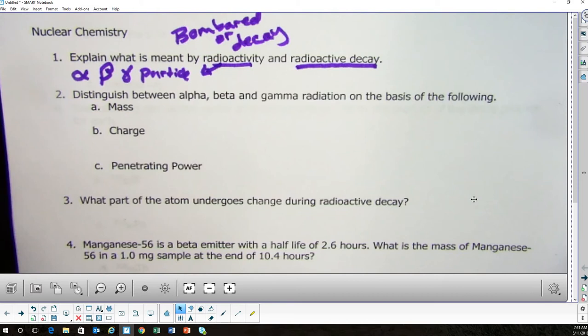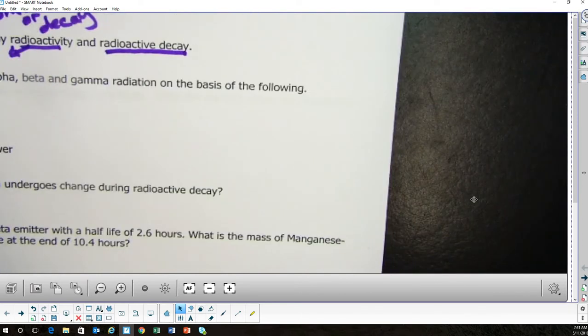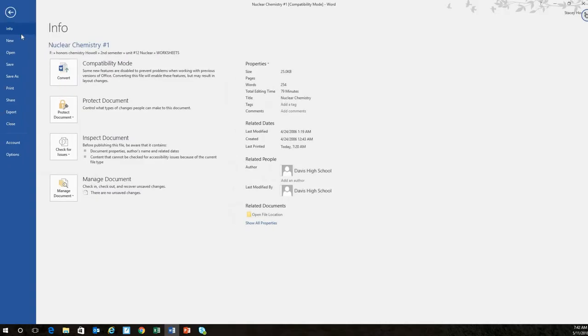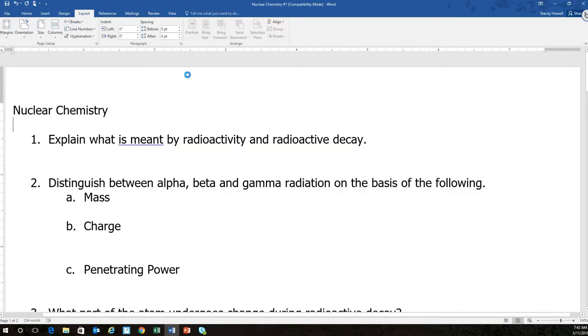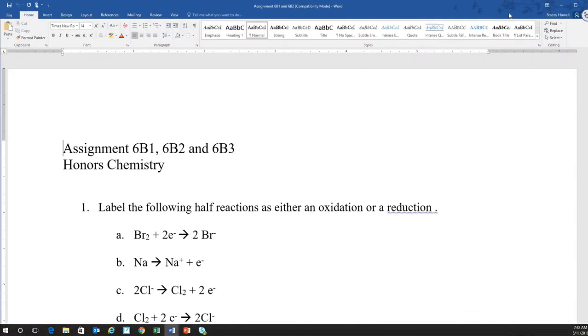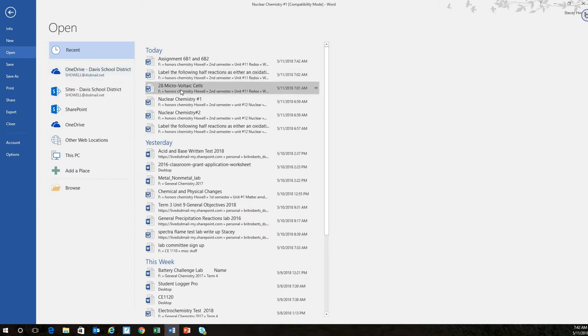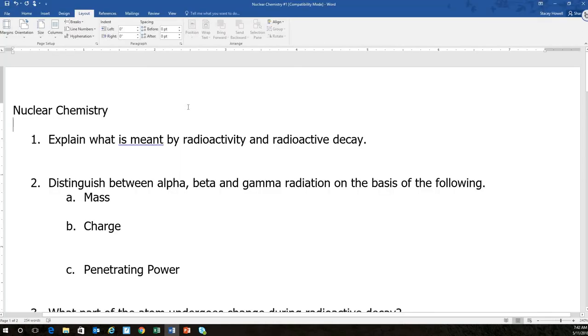Yes? Sorry, is this just a match? Yeah, is it not? The first question is, why is it important that radioactive isotopes are used for nuclear? I grabbed the wrong one then. Let me put the other one up then. Sorry. Okay, we'll get there. So it's not that one, right?